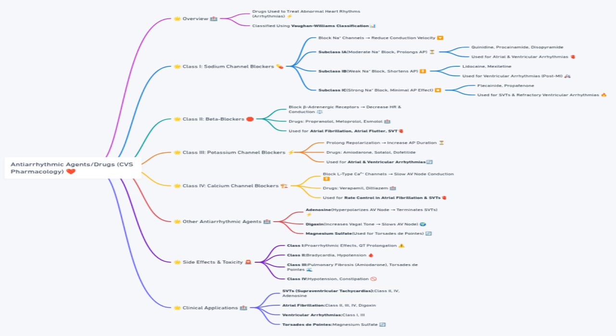Disopyramide's atropine-like activity accounts for most of its symptomatic adverse effects, like urinary retention, most often in male patients with prostatic hyperplasia, dry mouth, blurred vision, constipation, and worsening of preexisting glaucoma, and these effects may require discontinuation of the drug.